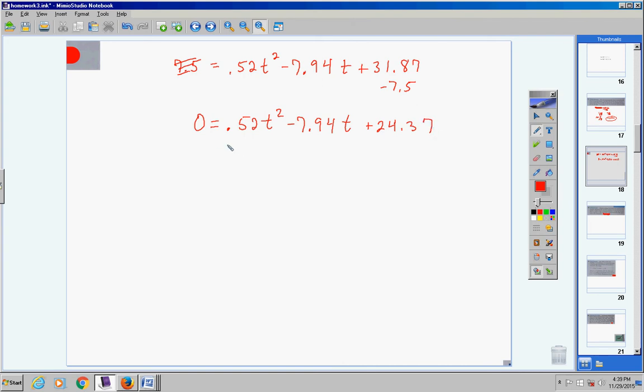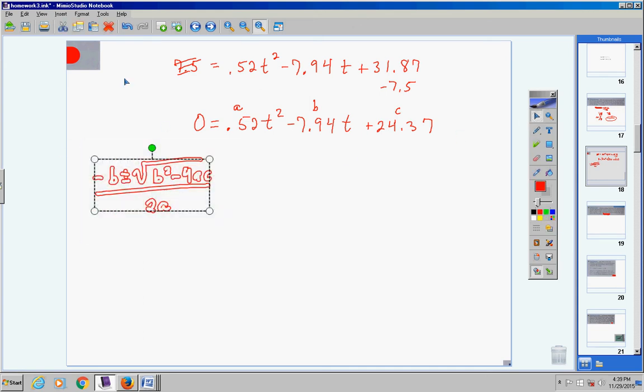Now, I'm going to put A above this. There's my A, there's my B, and there's my C. So here we go. Negative B plus or minus the square root of B squared minus 4AC all over 2A. And let's copy this so I don't have to keep writing it every time.